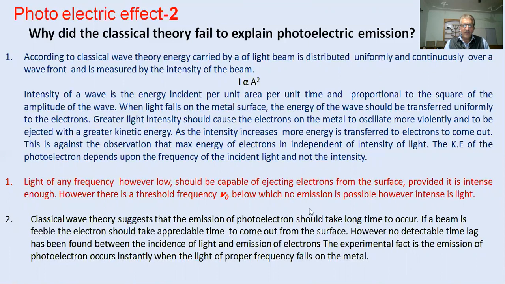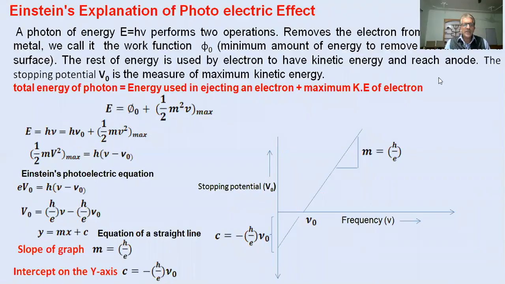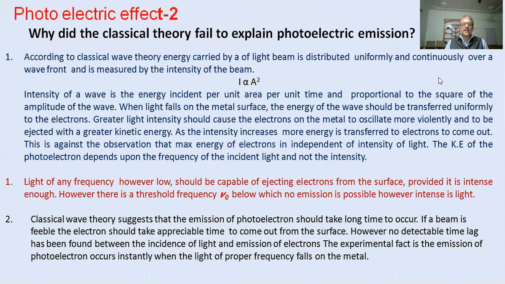The main problem with the wave theory was that the intensity of light was considered to be the energy, and the intensity was proportional to the square of the amplitude. When light is incident on a metal, the electrons would absorb the energy and oscillate.